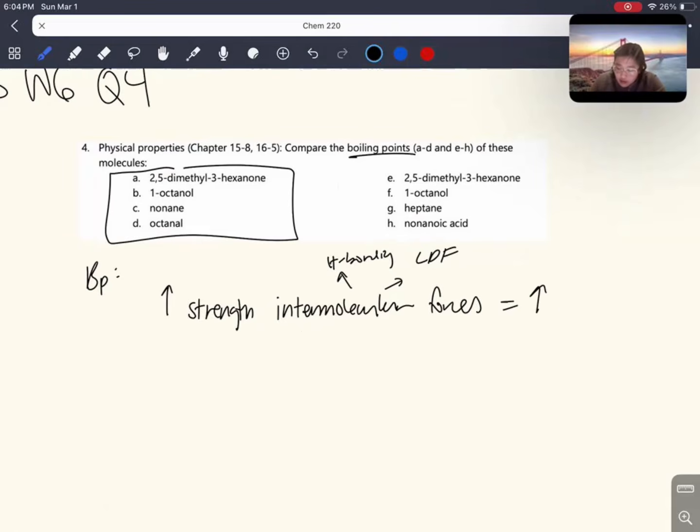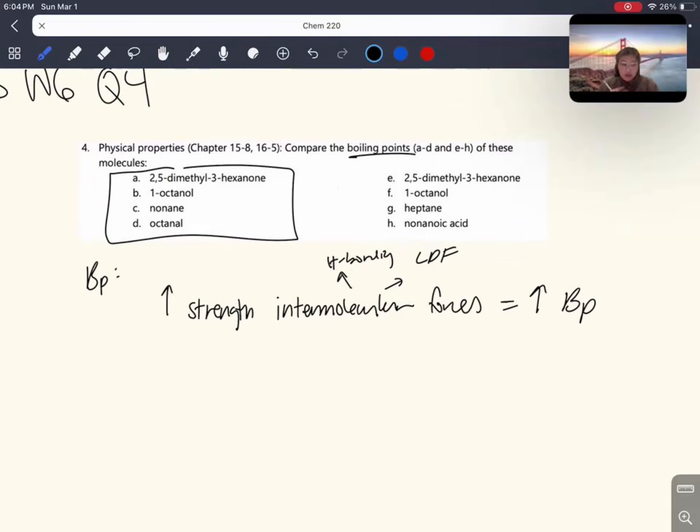This is because if your molecules are held together more strongly via intermolecular forces, you're going to have to put in more energy to break them apart, to boil your mixture. And you're going to have to do that in the form of heat, right?